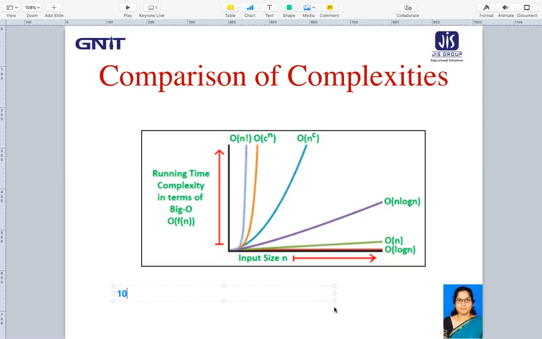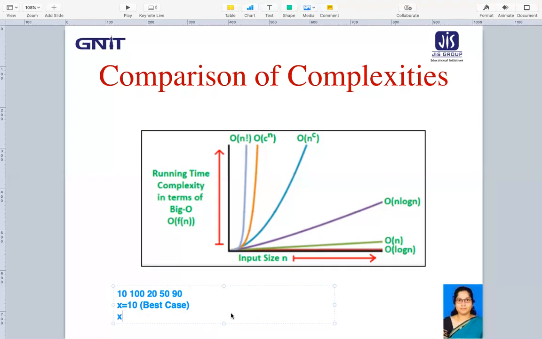So if my elements are something like this, then if x is equal to 10, this is the best case. That is, best case means whatever will be the time taken for finding x, it cannot go beyond that. So this can be represented by the omega notation.